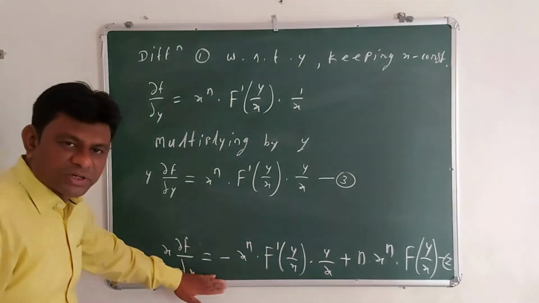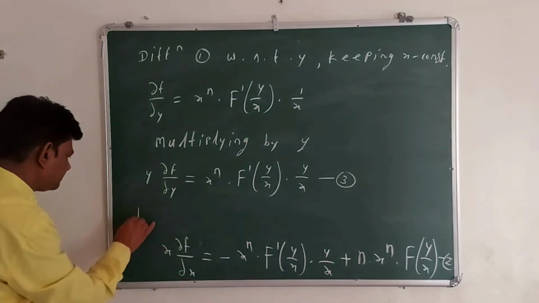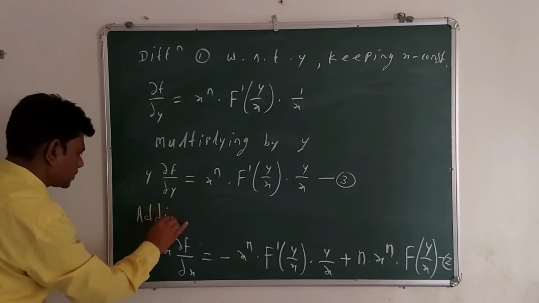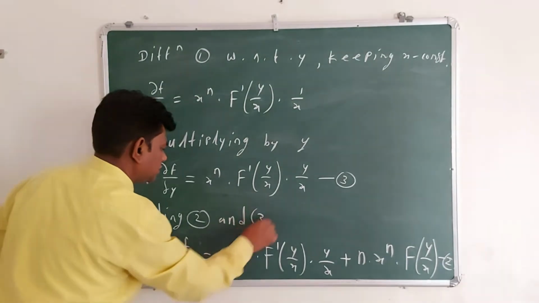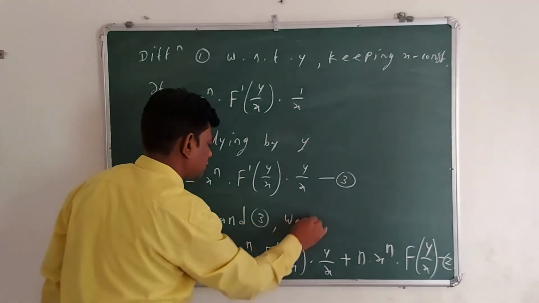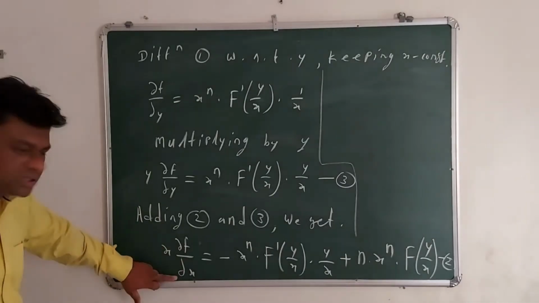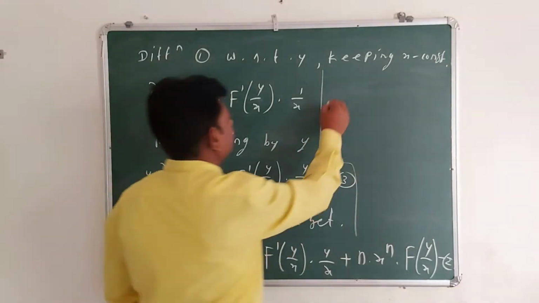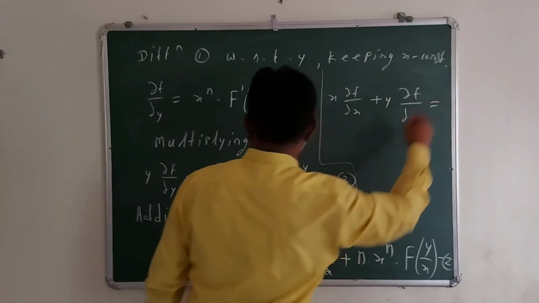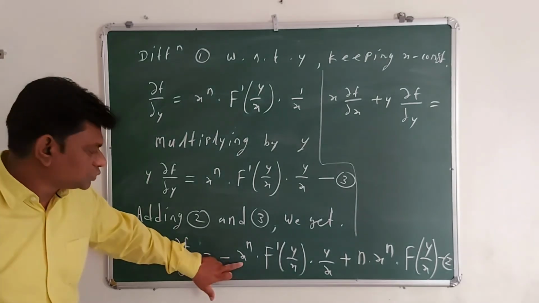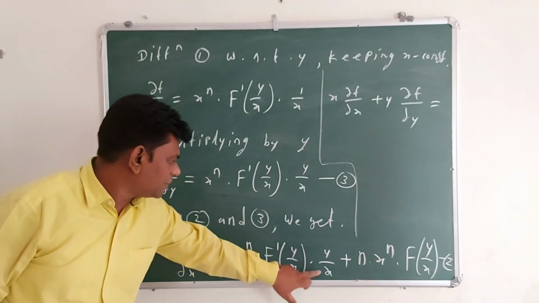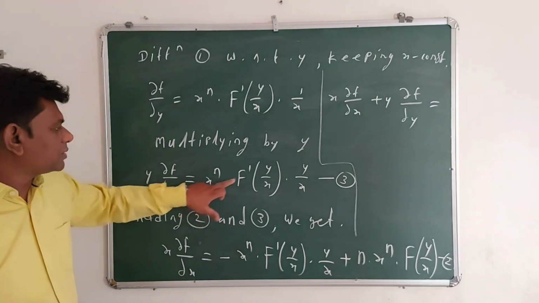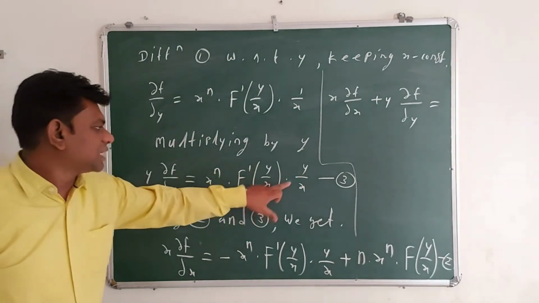Now adding equations 2 and 3, we get x times del f by del x plus y times del f by del y, equal to minus x to the power n times f prime of y by x times y by x, plus x to the power n times f prime of y by x times y by x.